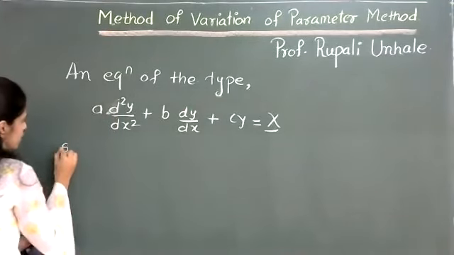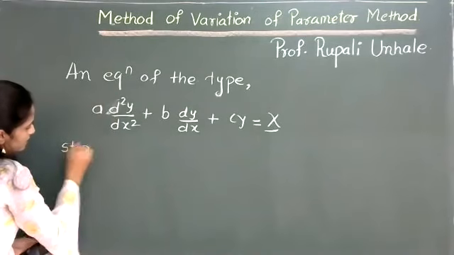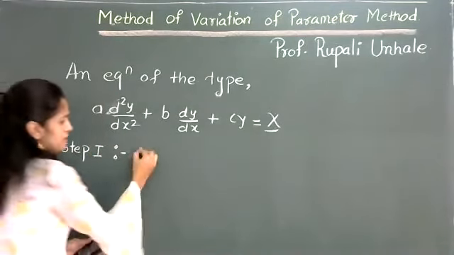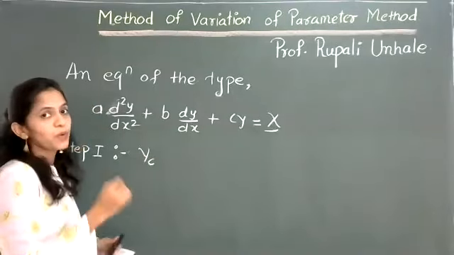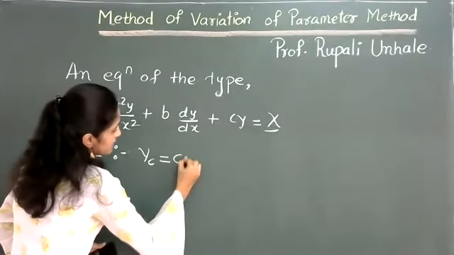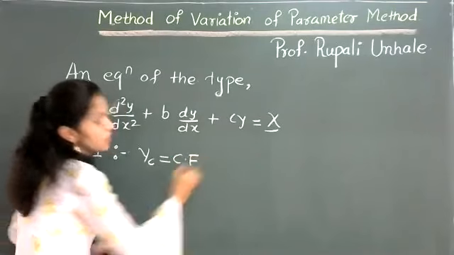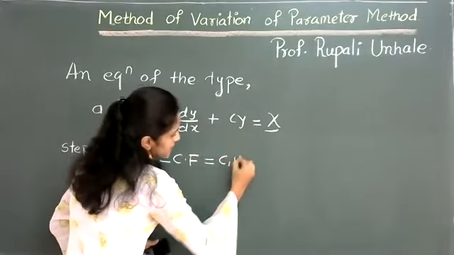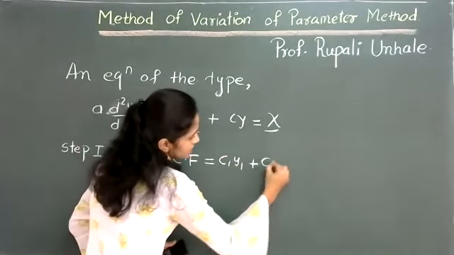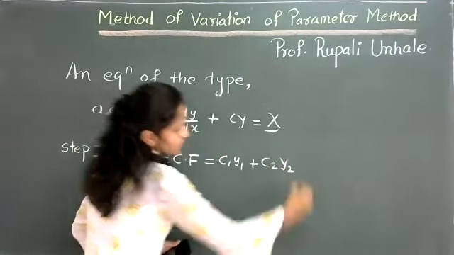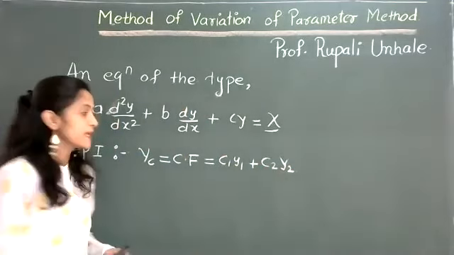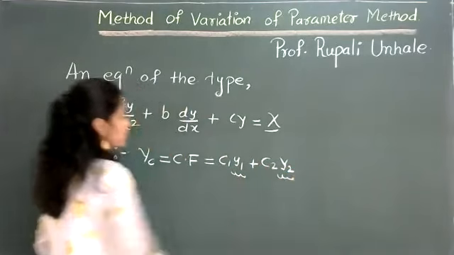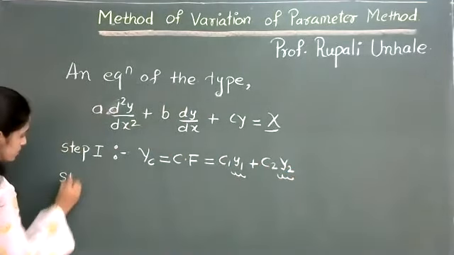To solve by the MVP method, there are steps. Step number 1, find yc. yc is nothing but the CF, the complementary function, that is c1y1 plus c2y2. Using the complementary function, you can easily calculate y1 and y2.